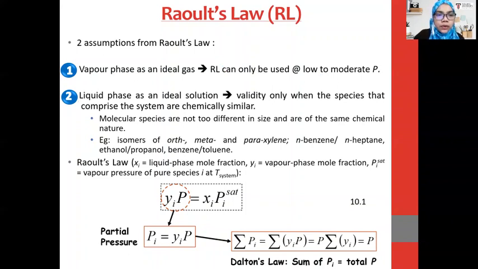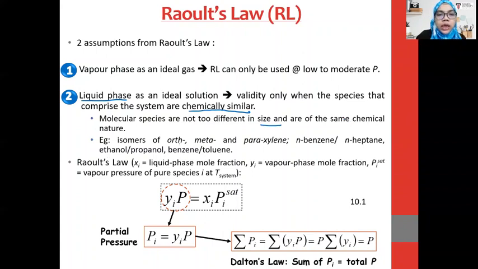For the liquid phase, we also consider an ideal solution, which is only valid when the species that comprise the system have similar chemical structure. The molecular species are not too different in size and are the same chemical in nature.